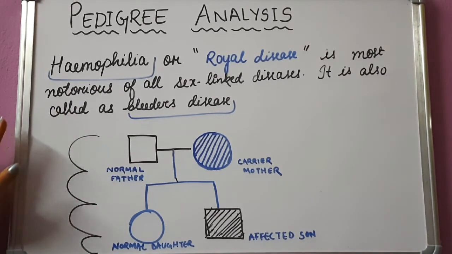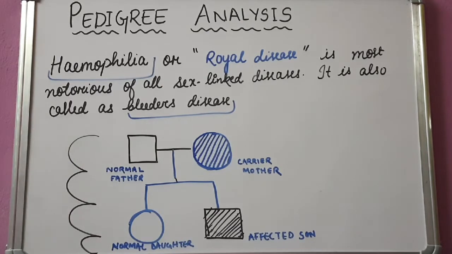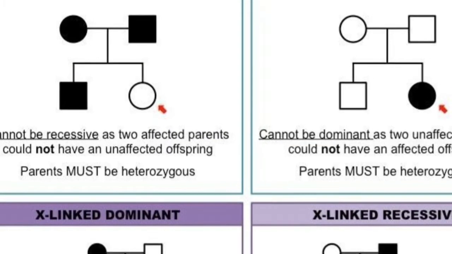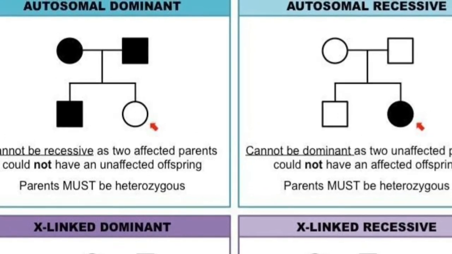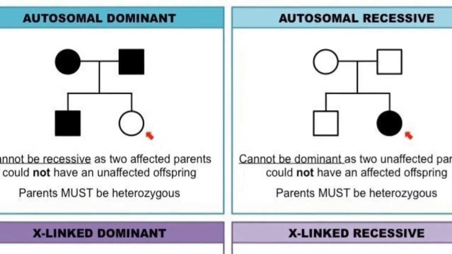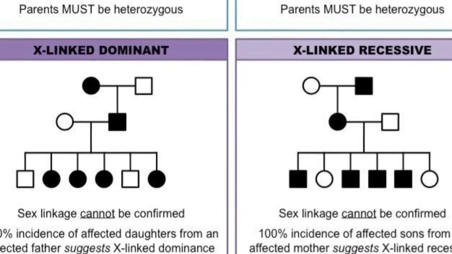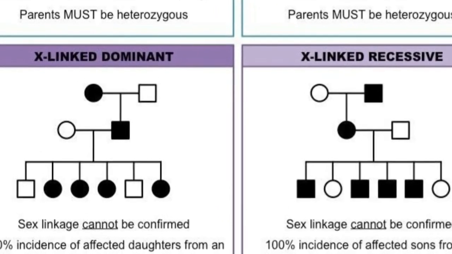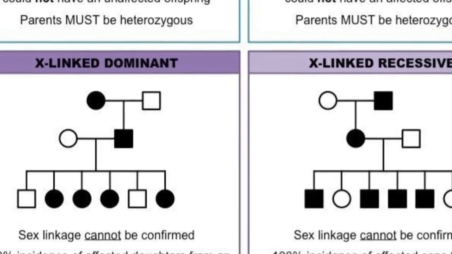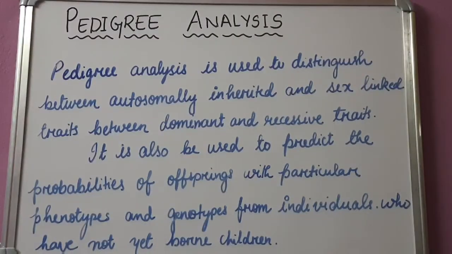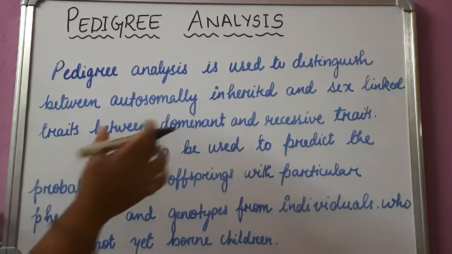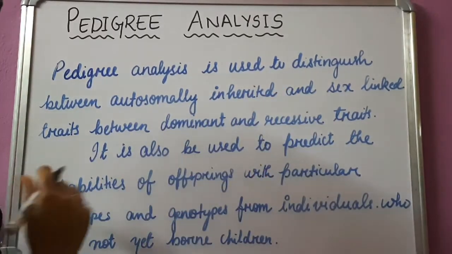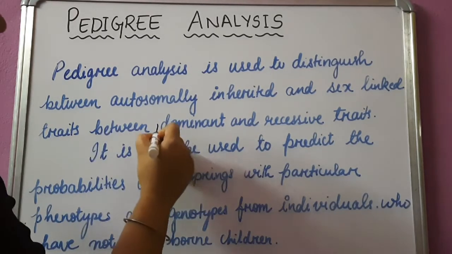Let's see an example with a good diagram. Here is a small example of autosomal dominant and autosomal recessive, where both the parents are affected and both the parents are not affected. This is an example showing the X-linked dominant and the X-linked recessive characters passing from the parents to their offspring. From all these things, we came to know that pedigree analysis is used to distinguish between autosomally inherited and sex-linked traits, and between dominant and recessive characters.